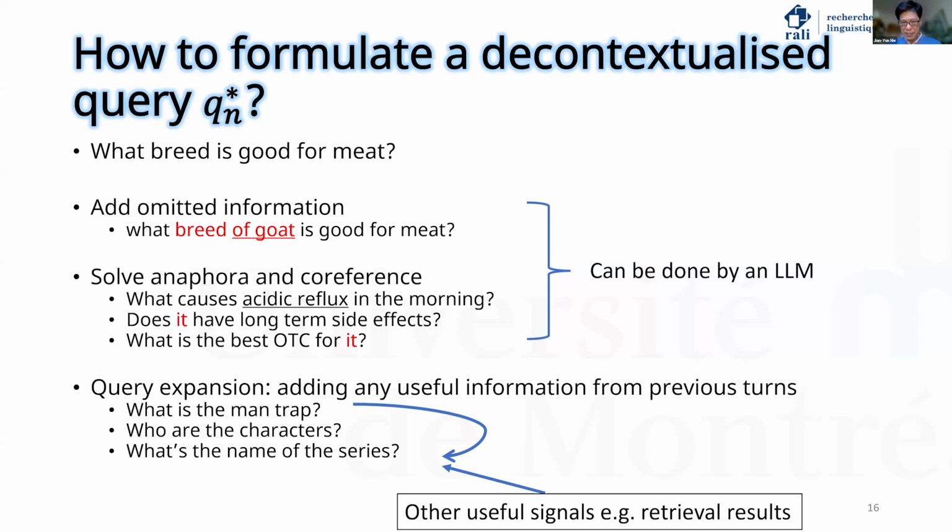And that can be a criterion used to detect what information should be added in addition to the general query processing by the large language model. So I'm going to talk about those processes. What is the useful information to use to enhance the search query?